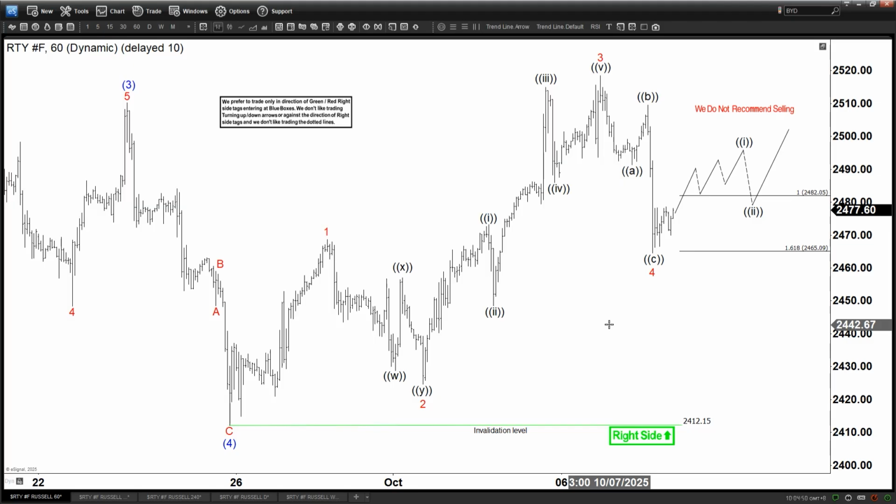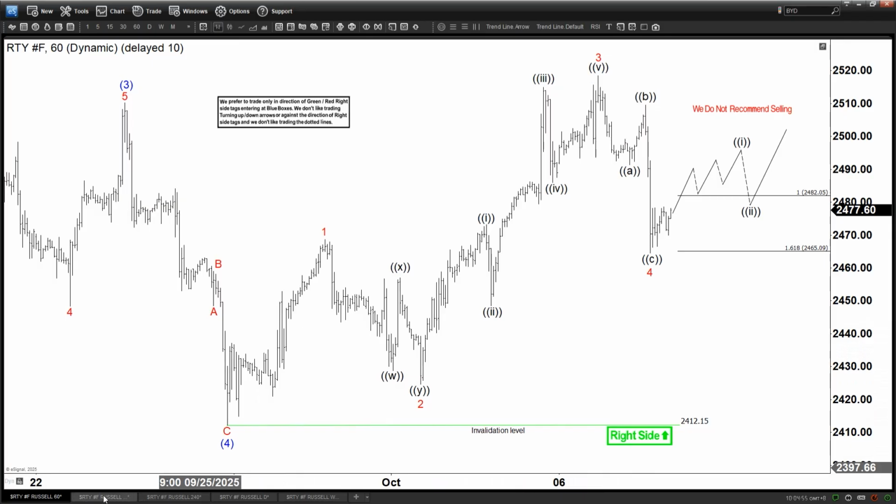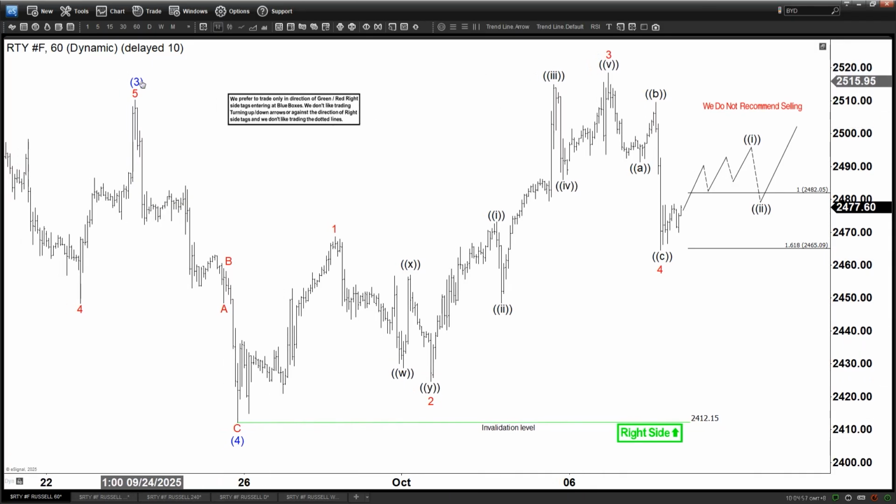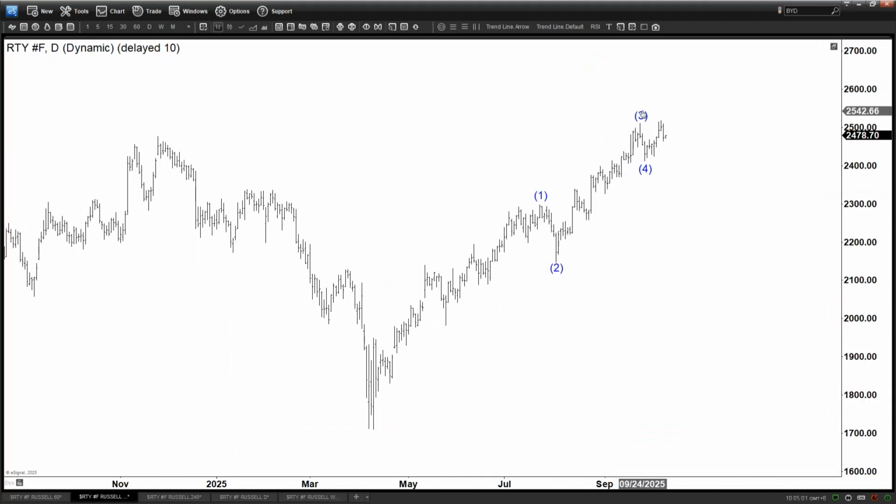Some possible alternates here. If I zoom out on the daily time frame, we're going to be focusing on the intermediate 3 and 4. So this is the 3 and 4, and this is of course the low in April. So the 1 and the 2 here, so basically we are finishing up this cycle currently.